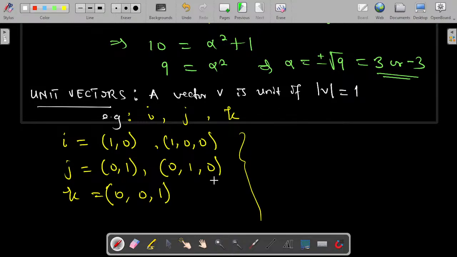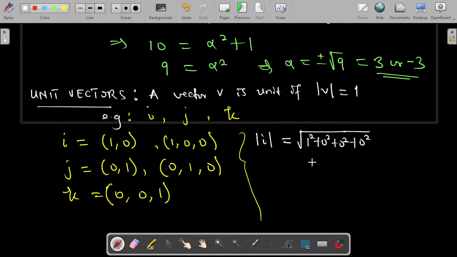Can we try to determine the magnitude of i? Assuming you are in R2, that's going to be the square root of 1 squared plus 0 squared. Even if you are in R3, that will be another 0. Even if you are in R4, that will be another 0.